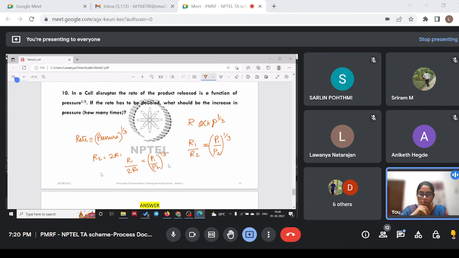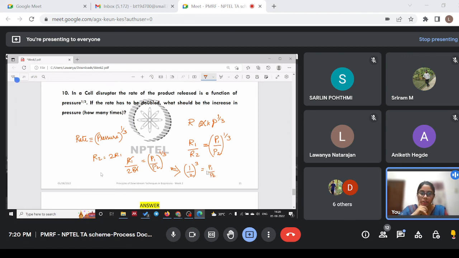Right? I want to take this out. So let me cube both sides. So R1 by 2 R1, I can cancel this out, right? So 1 by 2 whole cube is equal to P1 by P2.